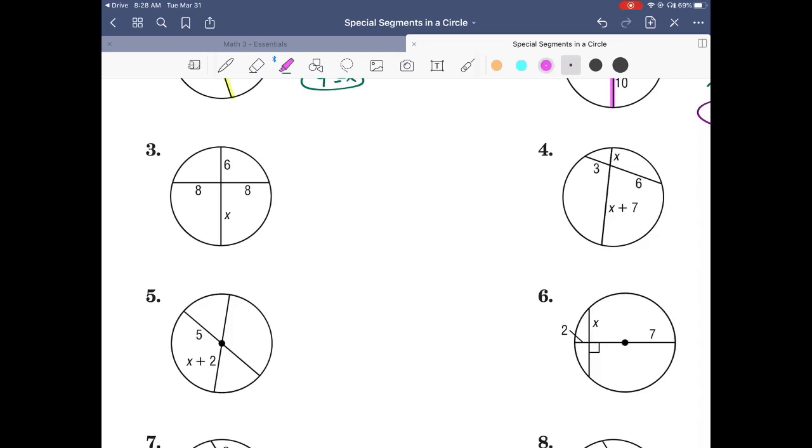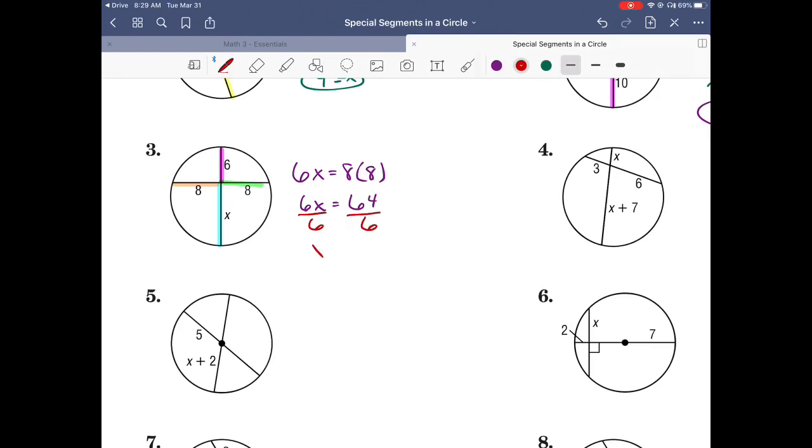All right. Here again, we have 6 times x equals 8 times 8. 8 times 8 is 64. In order to solve for x, divide by 6.